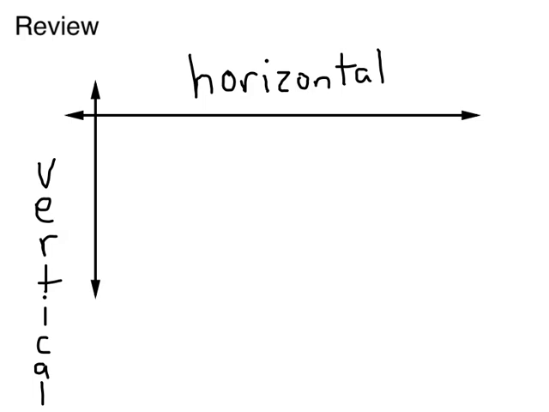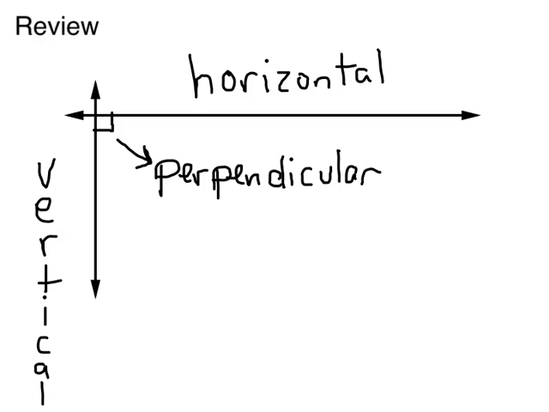A vertical and horizontal line form a 90-degree angle when they intersect. When they intersect, we say that these lines are perpendicular to one another. This would be the opposite of two lines that are parallel, such as railroad tracks that we learned about in Lesson 1.